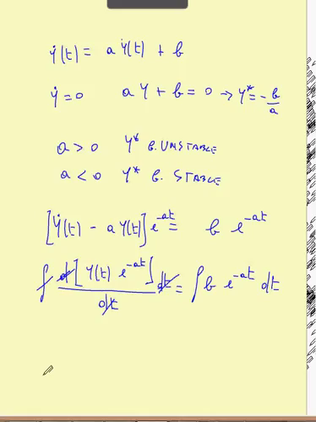How can we compute this integral? The problem is that we have e to the power of minus at, but we cannot see the derivative of minus at, which is minus a. So we need to incorporate minus a in the integral without changing the function. So a way is to multiply and divide by minus a.